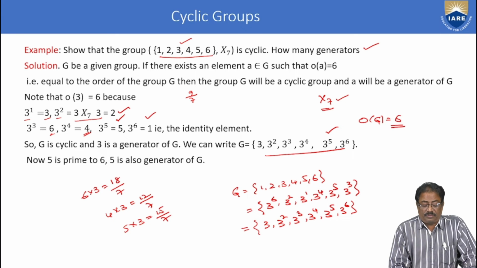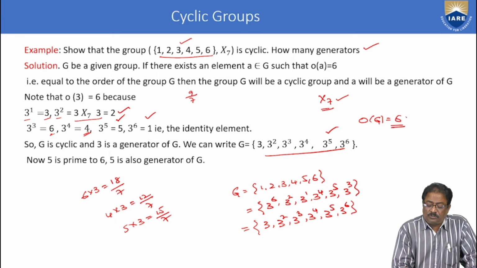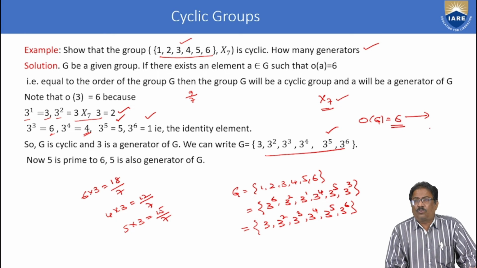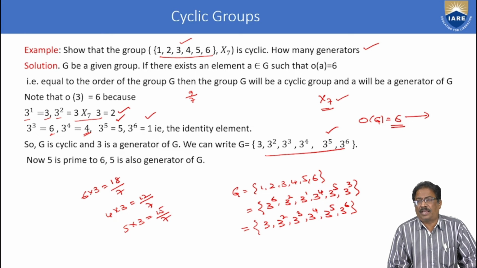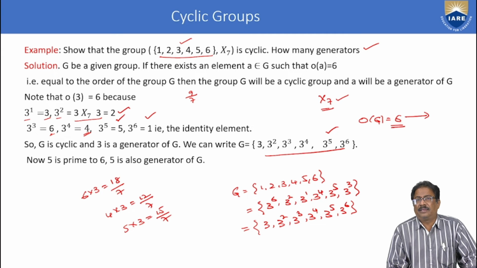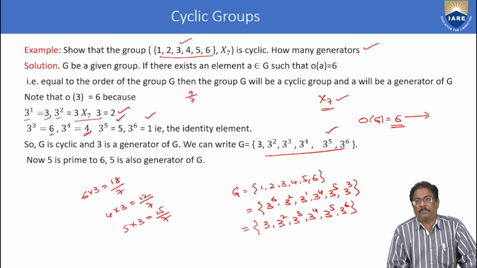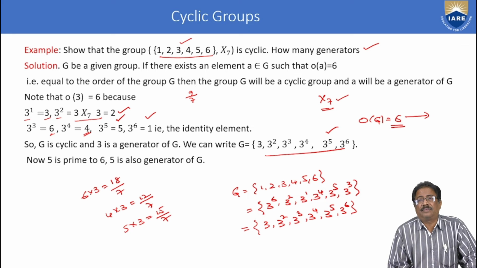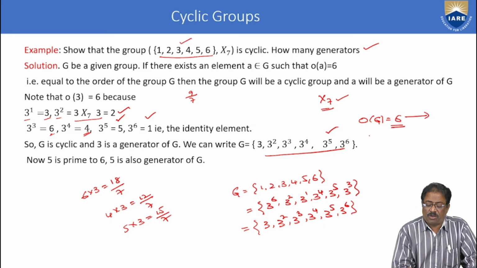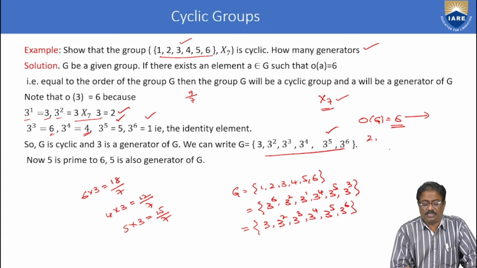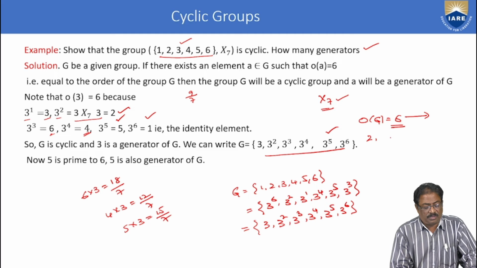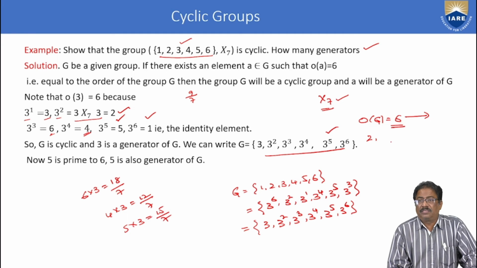Whichever numbers up to 6 I select that are relatively prime to 6, those are also generators. 1 I cannot take. 2 is not prime to 6, 3 is not prime to 6, and 4 is not prime to 6.